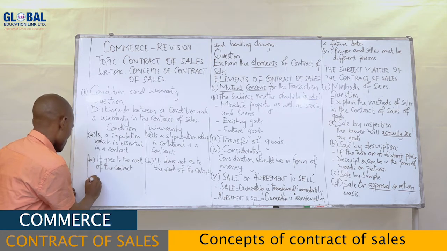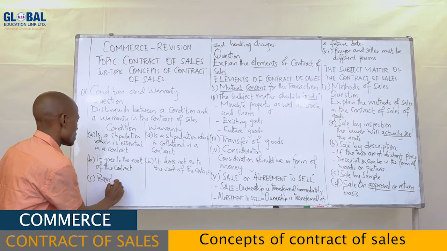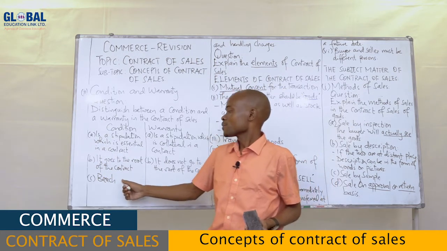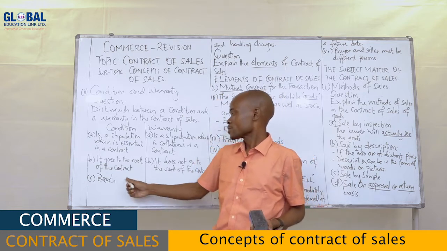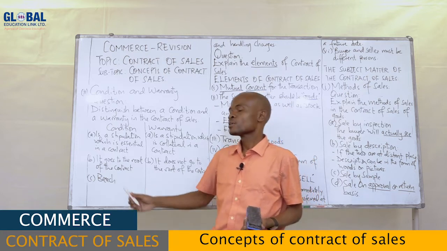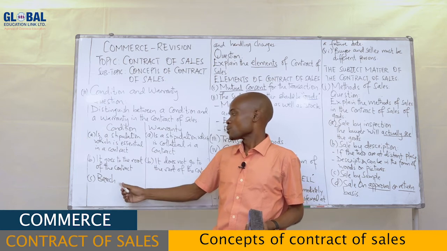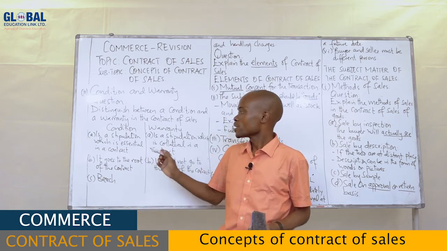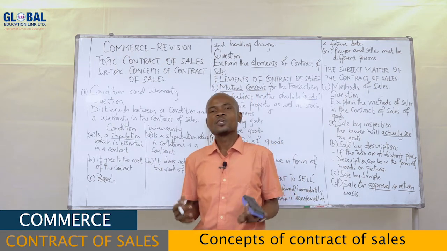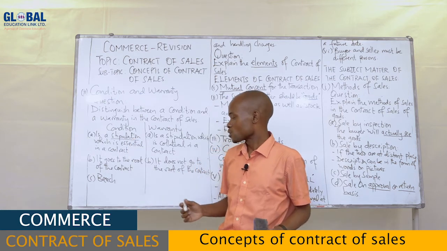Another thing is about breach. As we explained in the first part of our revision about contracts in general, a breach is where someone violates the terms of a stipulation. If someone violates a term which is very essential in a contract, it may lead to cancellation or discharge of the contract.